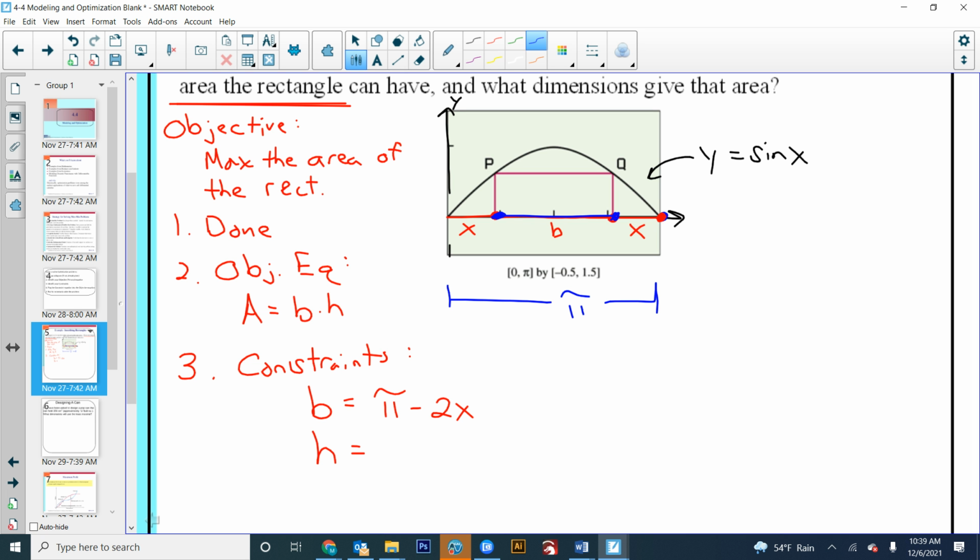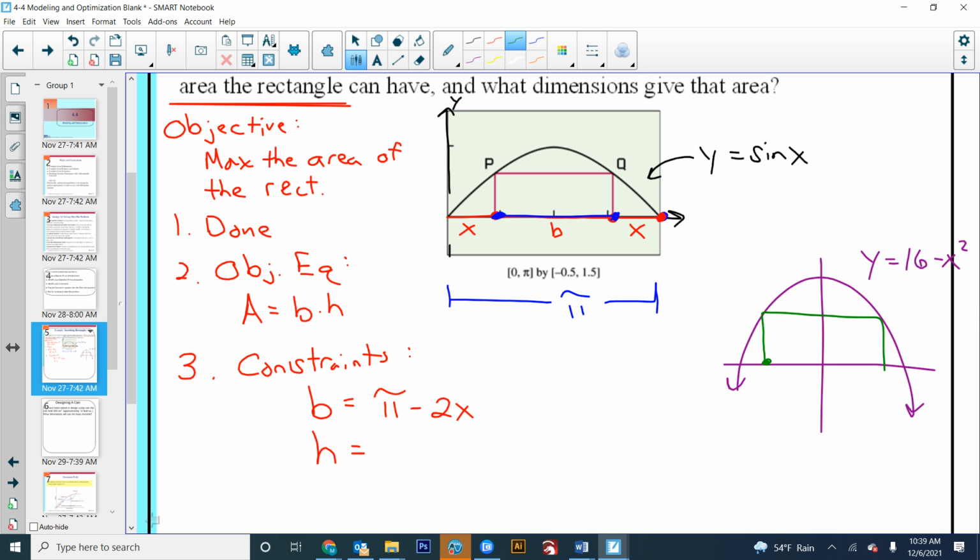All right. I'm going to give you a little foreshadowing, okay? Just because I can see some people are still confused. You're going to see a problem like this: 16 minus x squared. A rectangle is inscribed under the curve 16 minus x squared.